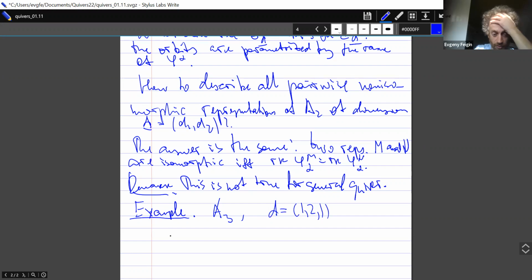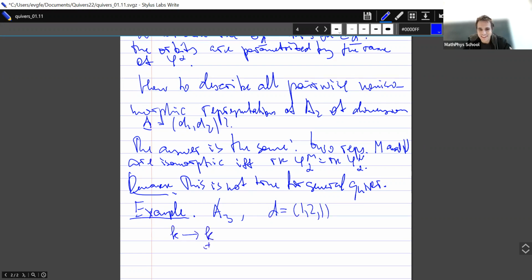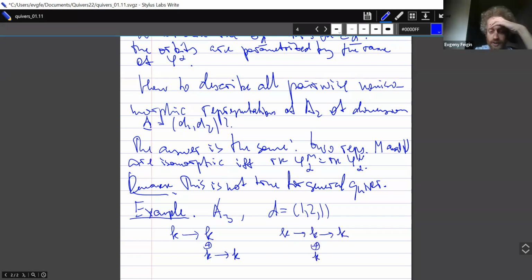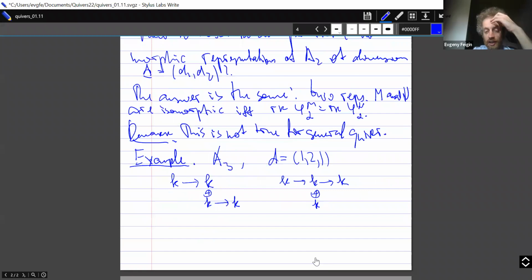Okay, so the first representation is what? K maps to K and K plus K maps to K. And then we can take, say, from the left a diagonal embedding to K2. The left map maps V to the pair V. As a representation, this is an indecomposable representation, and then just a simple representation at vertex 2.